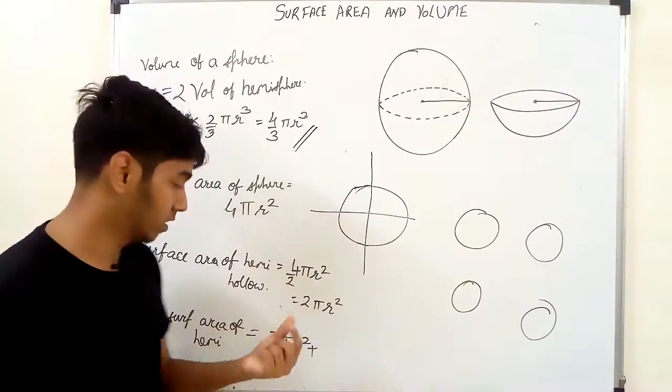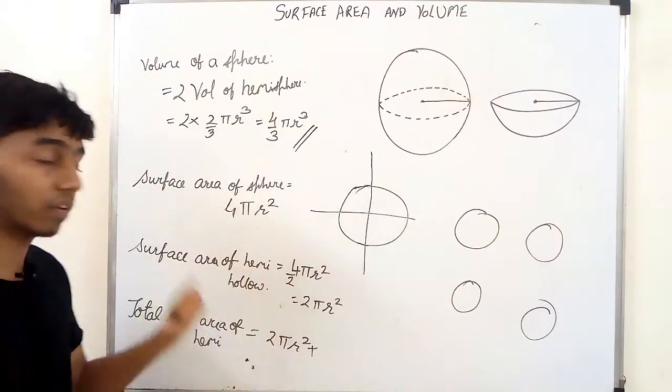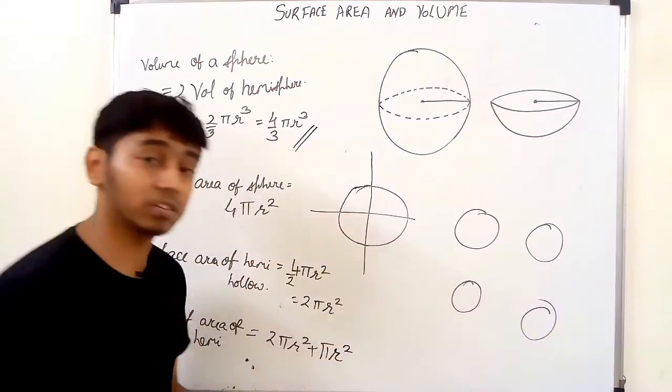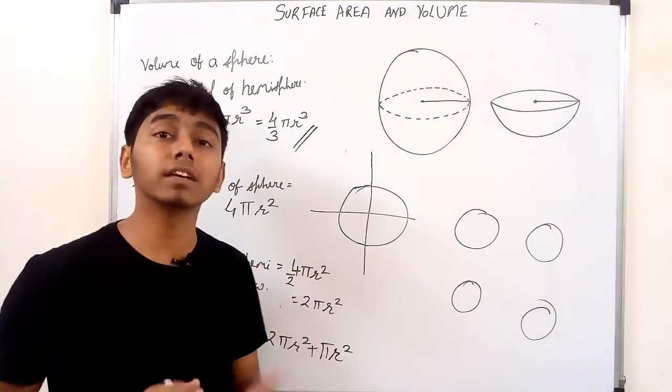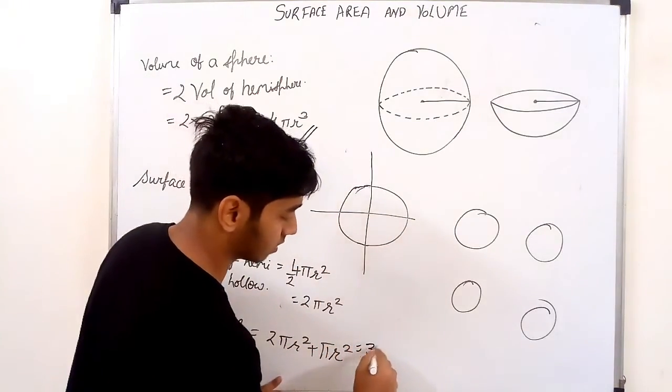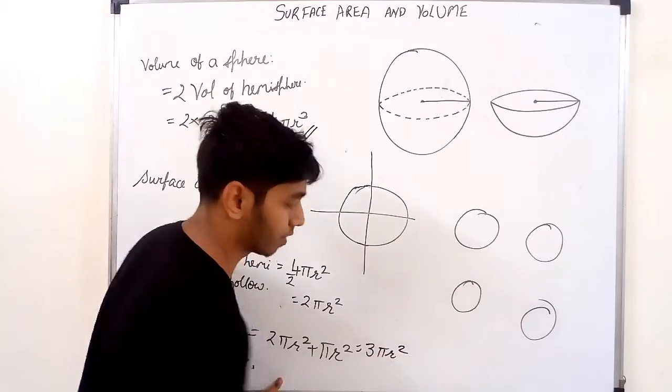The upper surface will again be a circle, so that is given by pi r square. So plus pi r square, and you get 3 pi r square.